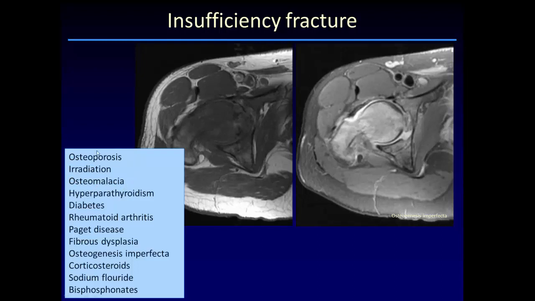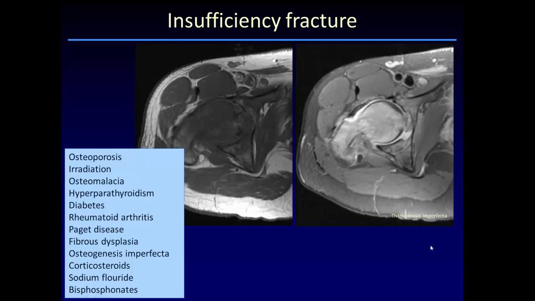The three that are best known are osteoporosis, previous bone irradiation, and osteomalacia, but there are a host of other disorders that can lead to insufficiency injury, and here in a young patient with an insufficiency fracture of the femoral head, the underlying disorder was a rare condition, in this case osteogenesis imperfecta.